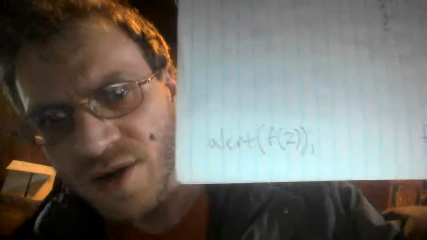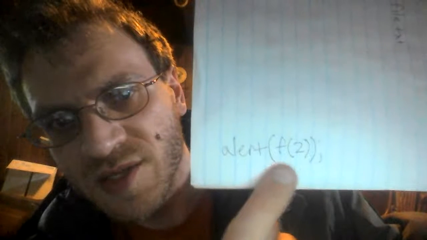So if you said something like this after you define that f of x function, you could say alert f of the number 2. If you got the JavaScript console all set up correctly, that might work. I'm not even sure.